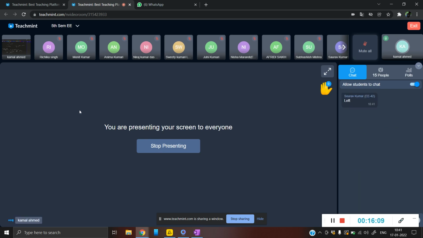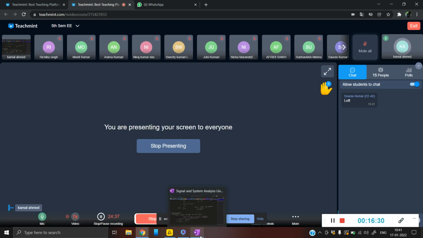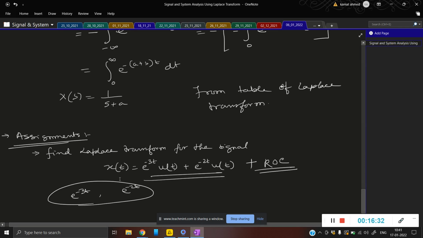Am I audible? Saurabh Kumar is saying that it is a left-hand sided signal. Is it? So see in which direction the signal will be directed. I am just taking out the signal.